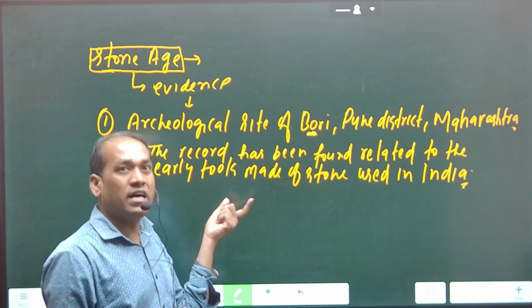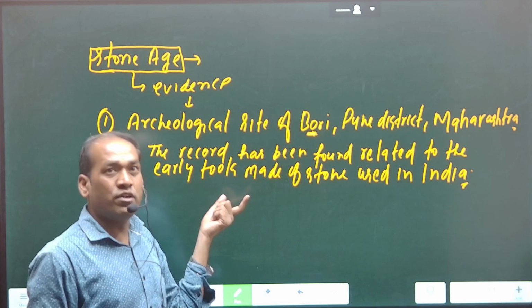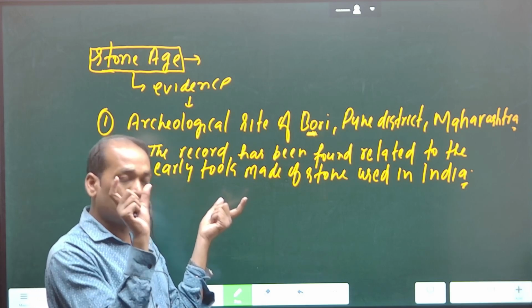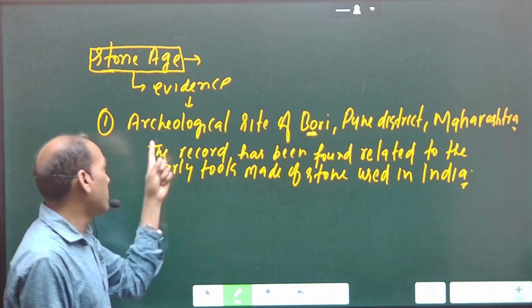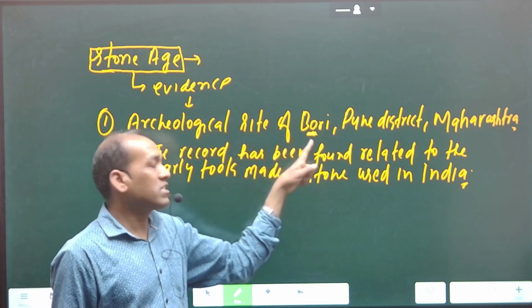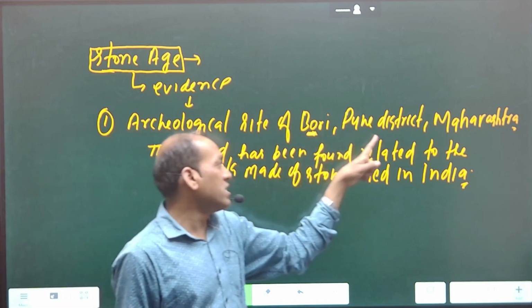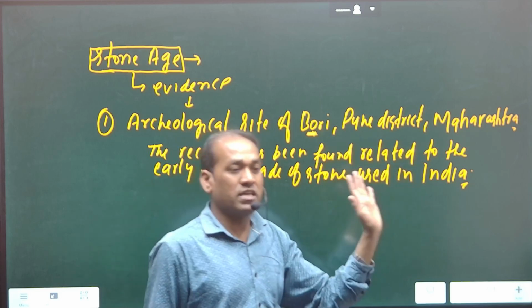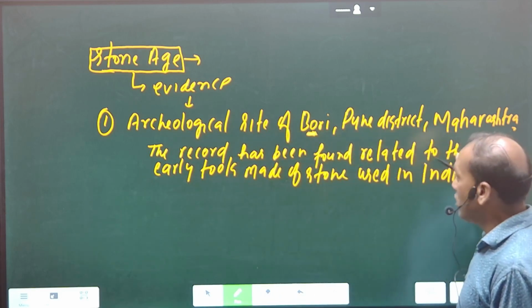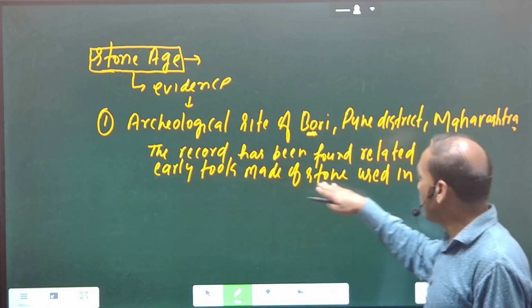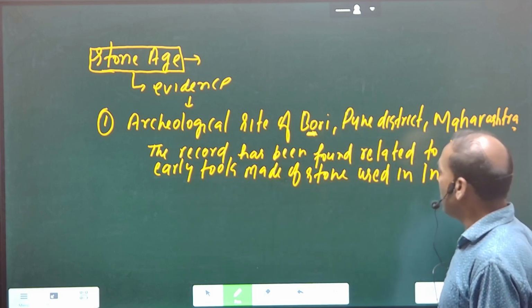They started hunting and gathering food. Those tools have been discovered from the archaeological site of Bori, Pune district, Maharashtra. So the record has been found related to the early tools made of stone used in India.